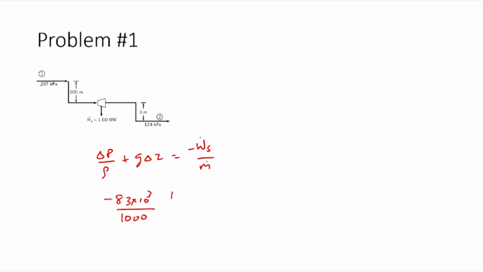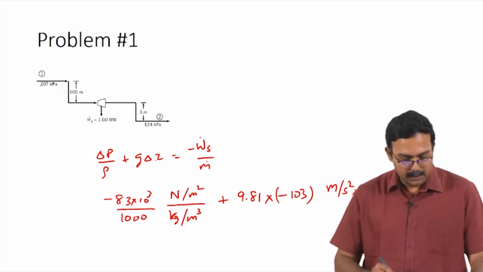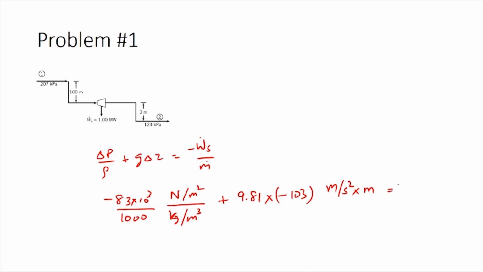So, the units would be Newton per meter squared divided by kilograms per meter cube, plus g, which is 9.81, times delta z, which is minus 103. The units would be meters per second squared times delta z, which is again in meters. The term on the right hand side is minus Ws dot divided by m dot.